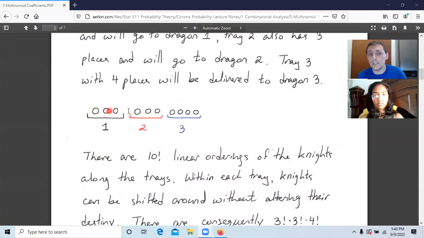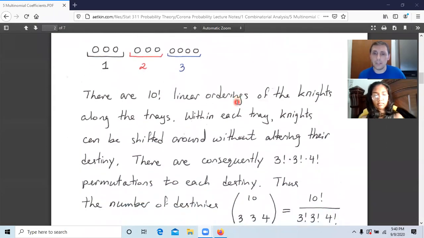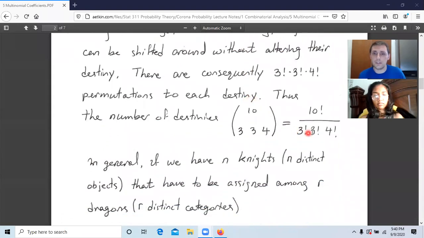And the number of assignments on the tray, the number of destinies, will be 10 factorial knights, divided by 3 factorial, 3 factorial, 4 factorial. Good. So that's already something we spoke about in the last lecture. So that's why we have this coefficient.